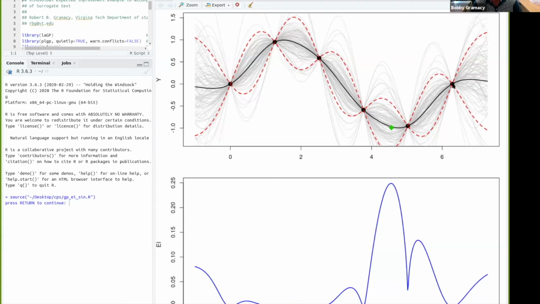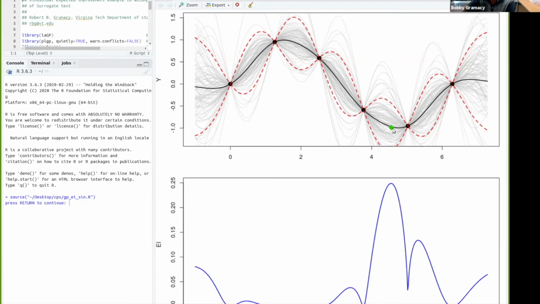On the bottom is my expected improvement. So I've run through that calculation, balancing mean and variance for all of the input spaces from whatever, this is -1 to 7 or something. And I plotted the expected improvement, which is maximized here at 4.5 or something like that.